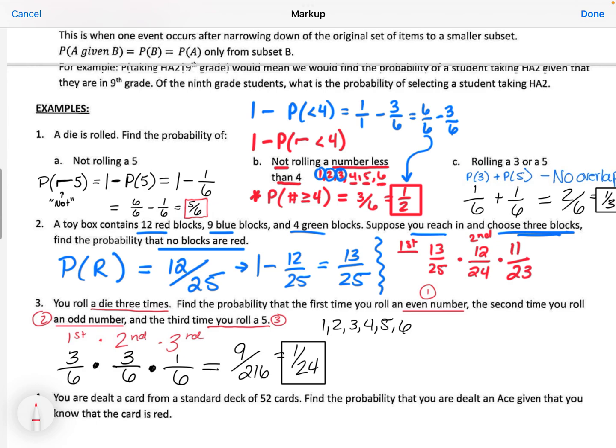And then our third pull, again assuming we got another red block, is 11 out of 23. Go ahead and multiply all those together and simplify them on your own. You can hit pause if you need a little bit more time. Your final answer then after you simplify is 143 over 1150.